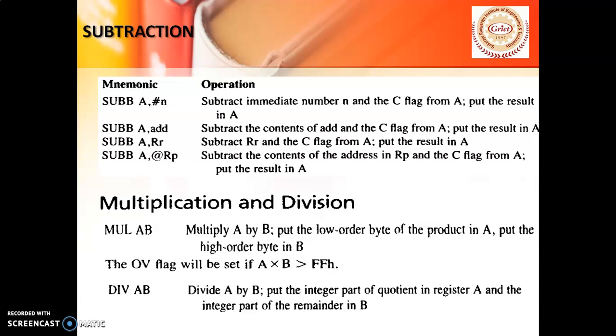After performing the multiplication operation, generally the result may be a 16-bit number. Whenever the result is greater than an 8-bit number, that is greater than FFH, then the overflow flag will be set to 1.